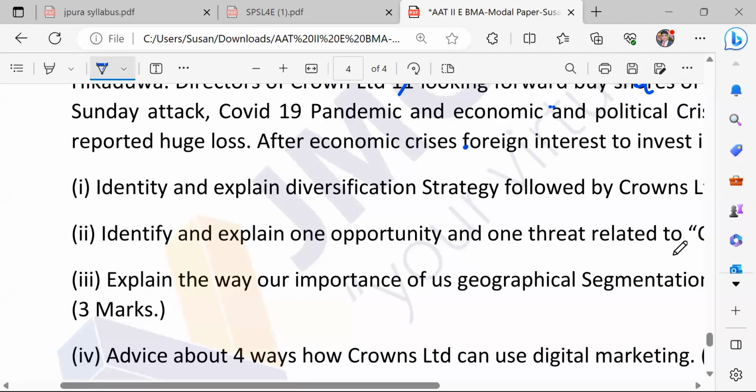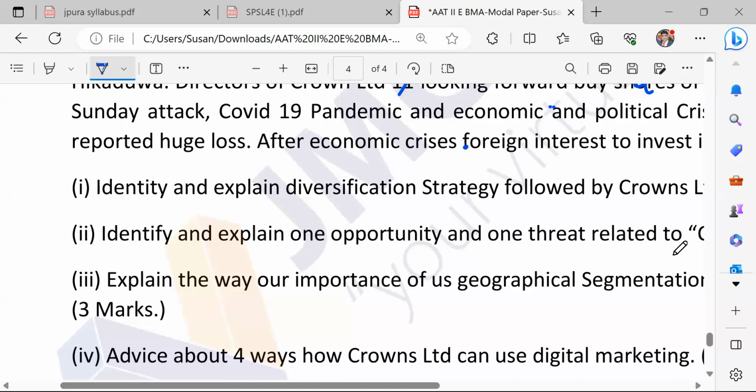Identify and explain the diversification strategy. Now, related diversification strategy means they diversified into businesses familiar from the original business.